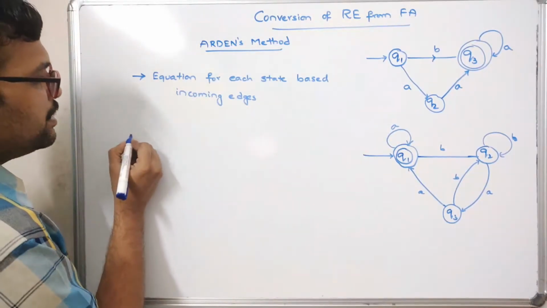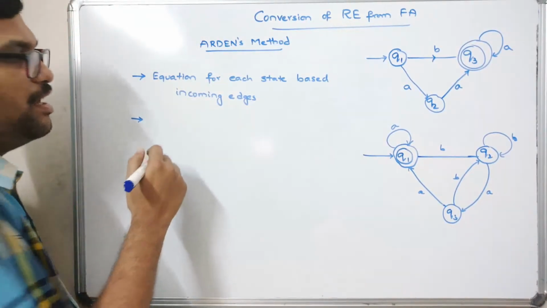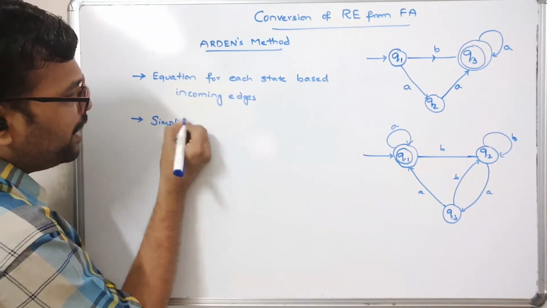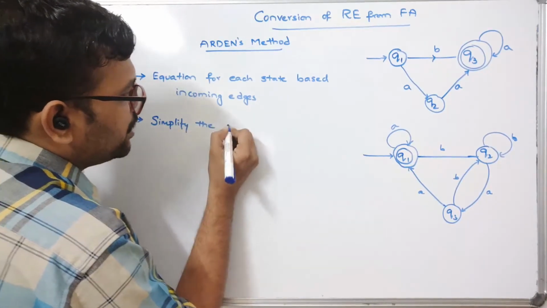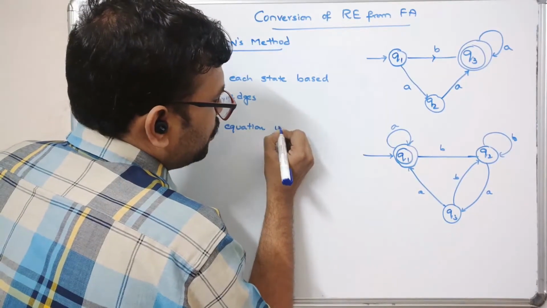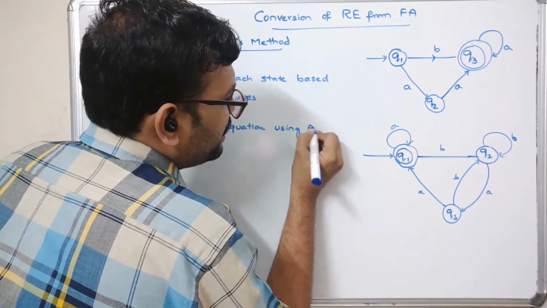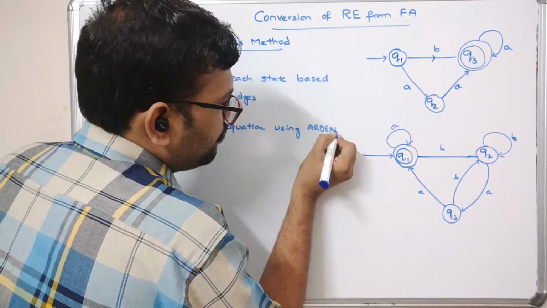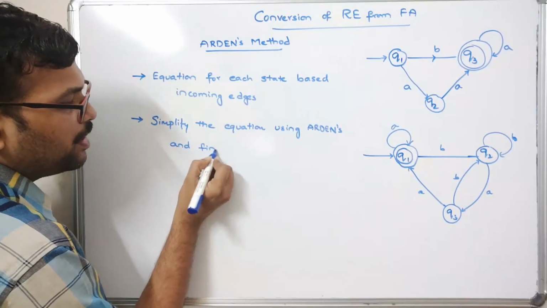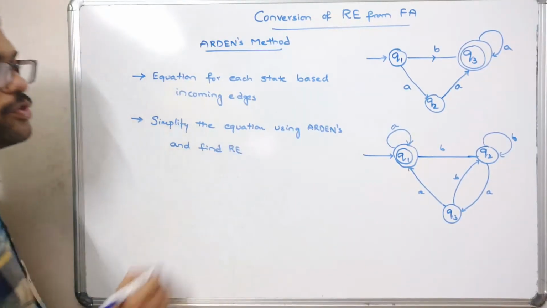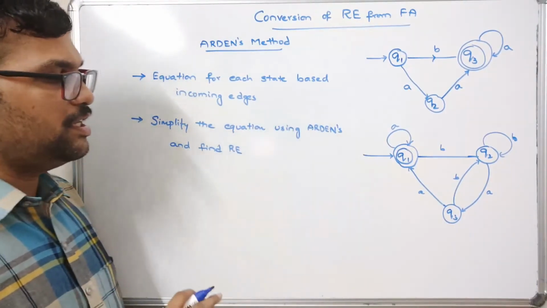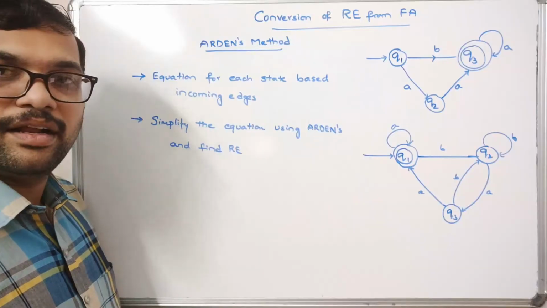The second step is to simplify the equation using Arden's theorem and find a regular expression. So based upon Arden's theorem, we need to change the equation into the format of Arden's theorem, and simply find the regular expression.